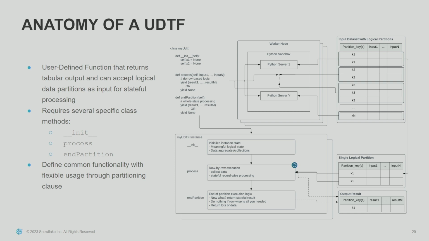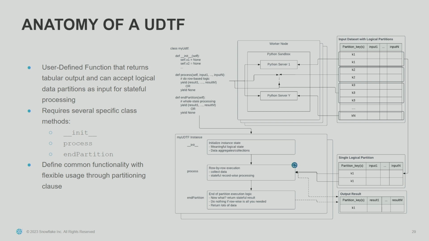That's essentially what you're defining. You write that code to process a single batch of data. Then when you invoke the UDTF, we use the partition by clause to specify the field in the table being passed into the UDTF that defines those logical partitions. So if you're doing my custom UDTF over every store ID in your table, you simply call my UDTF, pass in the input columns, and say, all right, partition this by store ID.